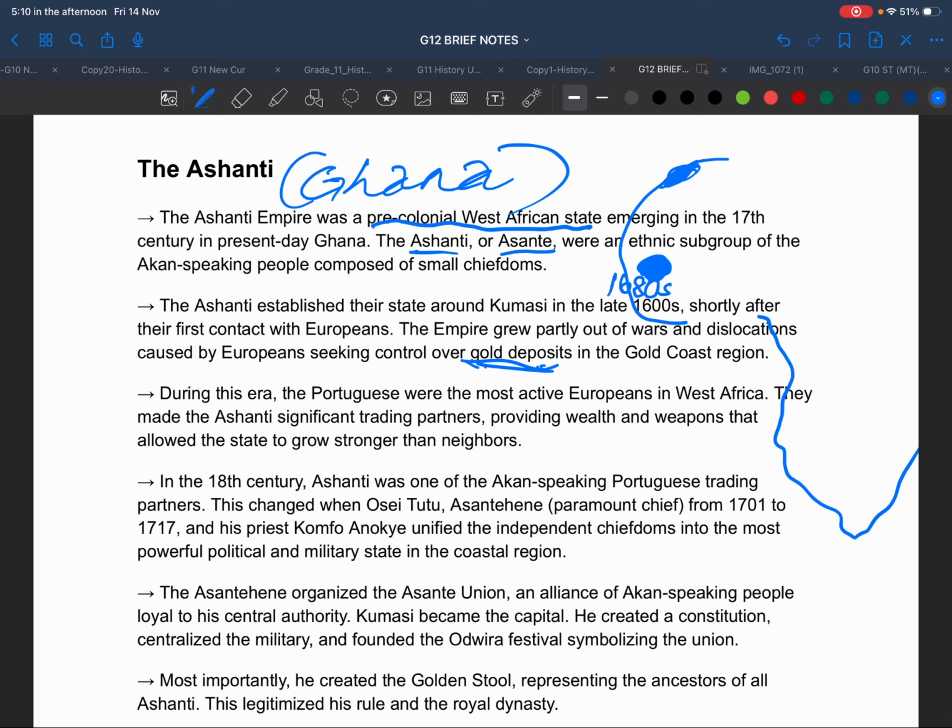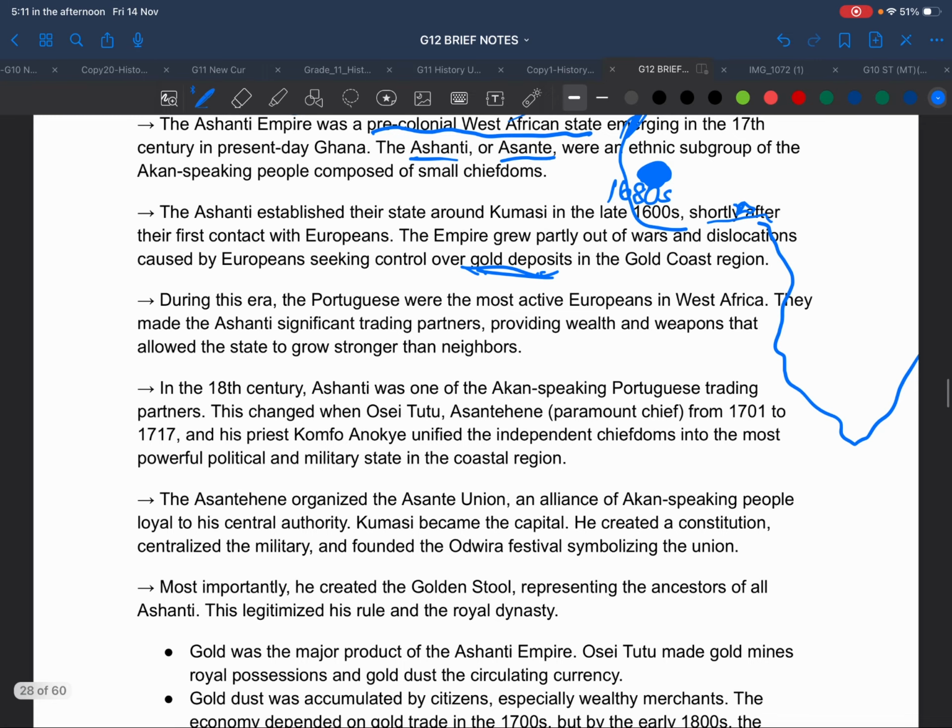They had trading stations around here, and they sold weapons for the gold of the Ashanti. The Gold Coast was part of the coastal area of today's Ghana, called the Gold Coast for its wealth in gold.